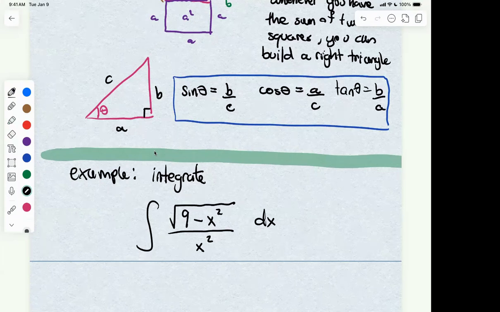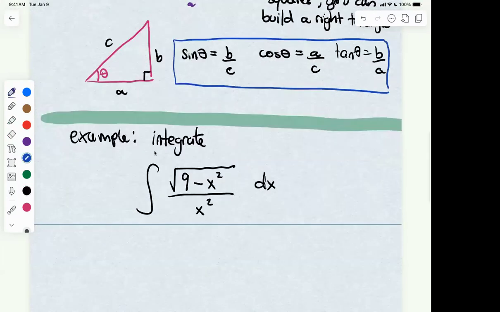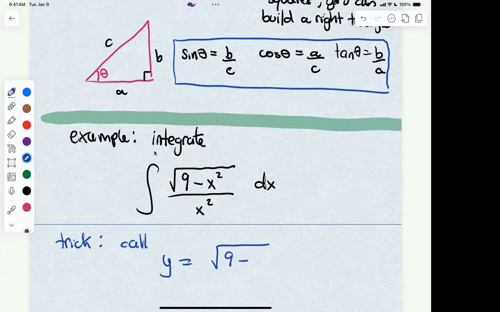The trick is, because this involves the square root, I will just call y the thing that involves the square root. Here's the trick, just to understand this quantity a bit better, and you'll see that something magical happens here.